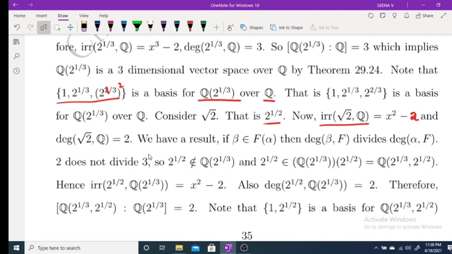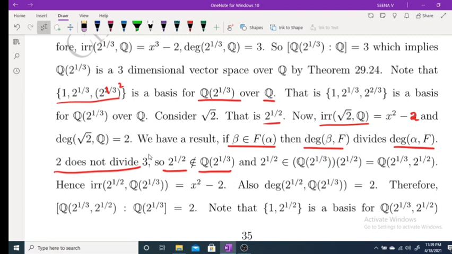Okay, and we have a result: if β belongs to F(α), then the degree of β over F divides the degree of α over F. Here the degree of √2 over Q is 2, and 2 does not divide 3. Therefore 2^(1/2) does not belong to Q(2^(1/3)).